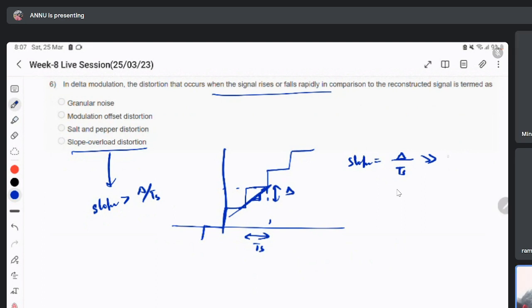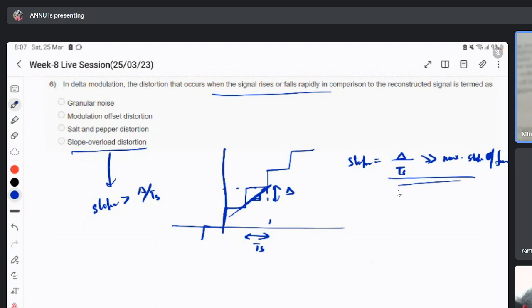This one should be the max slope of the message signal, dm by dt.